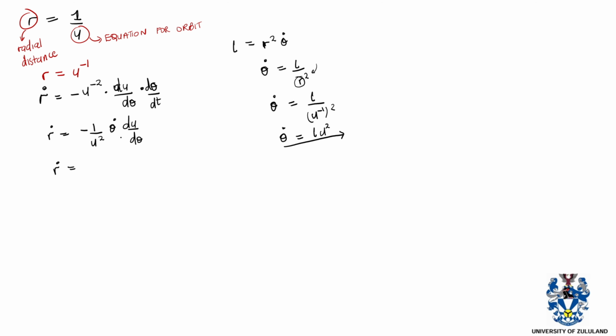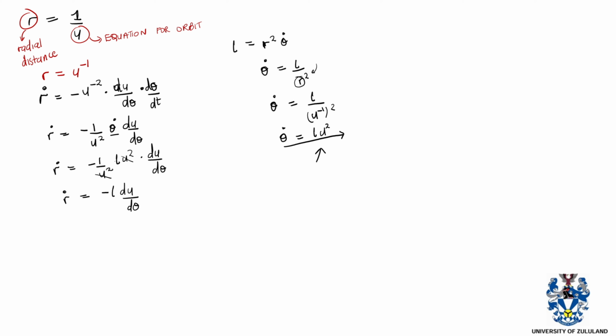So we're going to substitute theta dot with this new expression, and say r dot is going to be negative 1 over u squared times L u squared, which is replacing theta dot, times du d theta. And then this and this will cancel, and we will remain with negative L times du d theta.